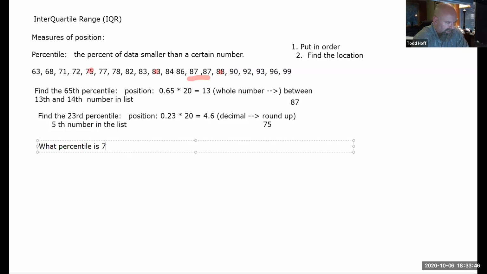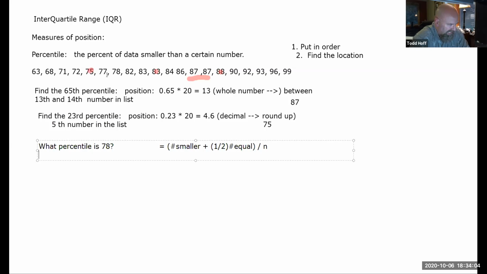What percentile is 78? Well, to find the percentile a number is in, it is equal to the number smaller plus 1/2 times the number equal to it, divided by the number in the list, divided by n.